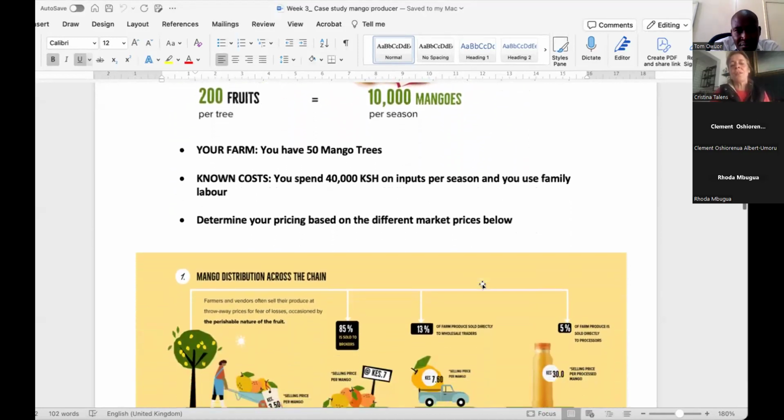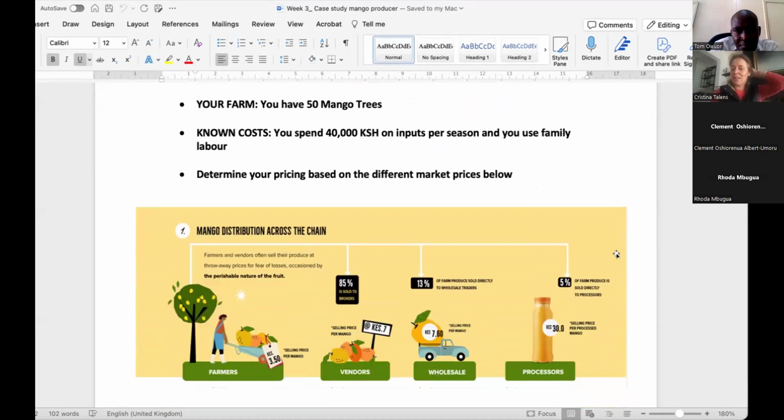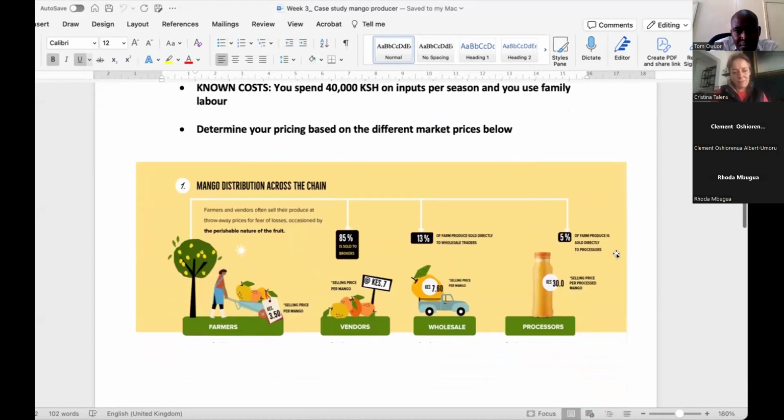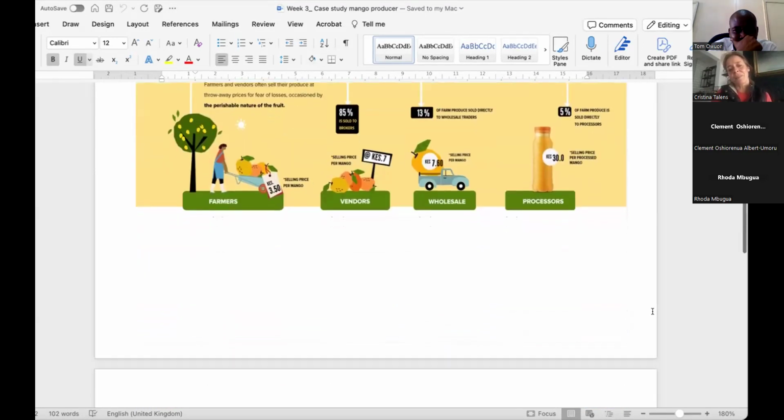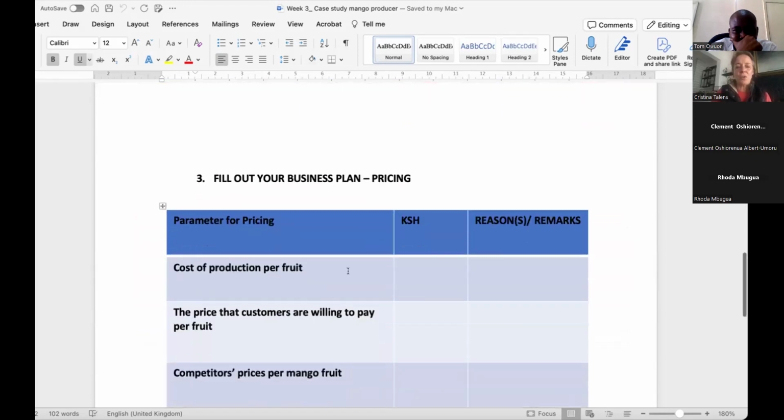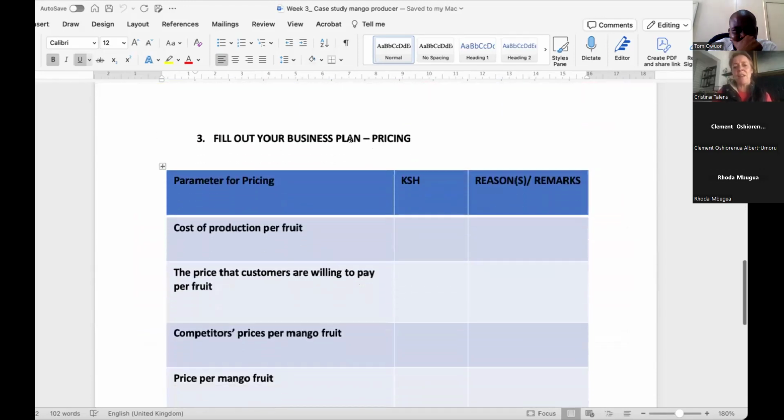So you're going to determine the price set on the different market prices below. So here you have farmers, the price that they sell, the vendors, the price that they sell, the wholesaler, the price that they sell, and the processors and the price that they sell. And all I want you to do really is to fill out your pricing plan here, in Kenyan shillings, based on that information.